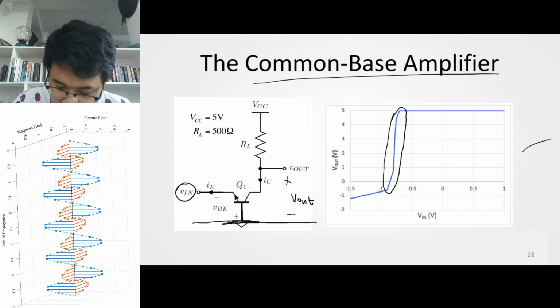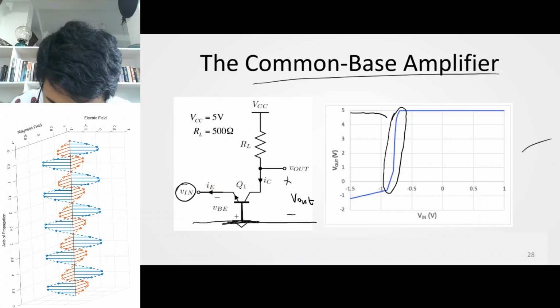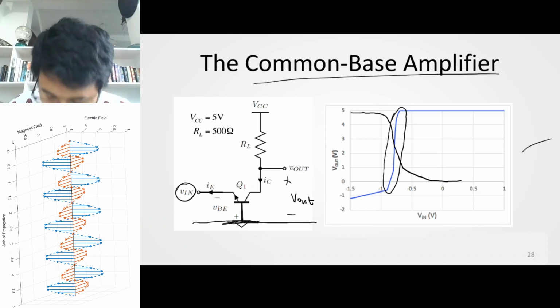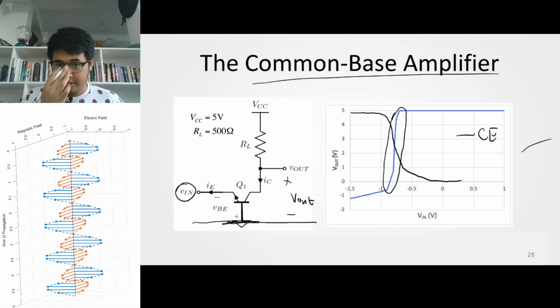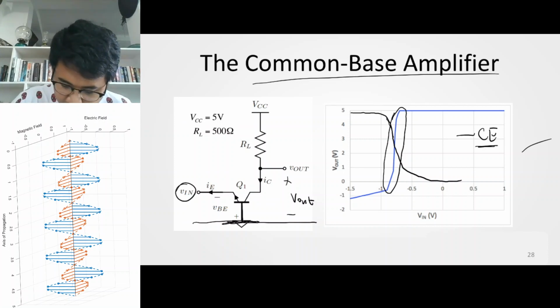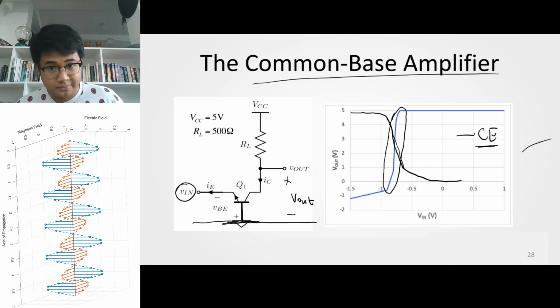If you recall, let me just try to draw the curve. The curve looks like this for a common emitter amplifier. Since the slope of the common emitter amplifier is negative, then the gain is also negative.